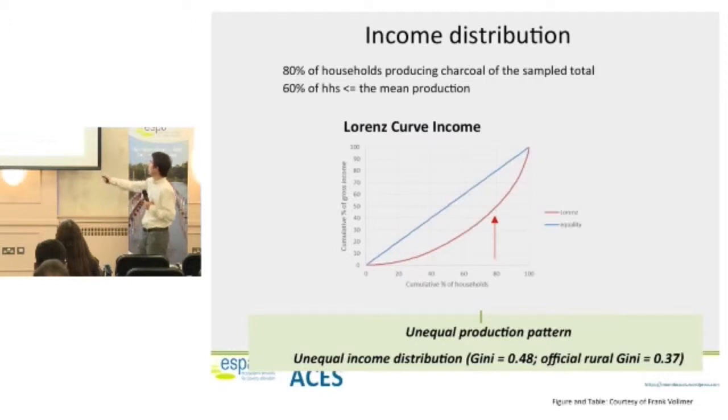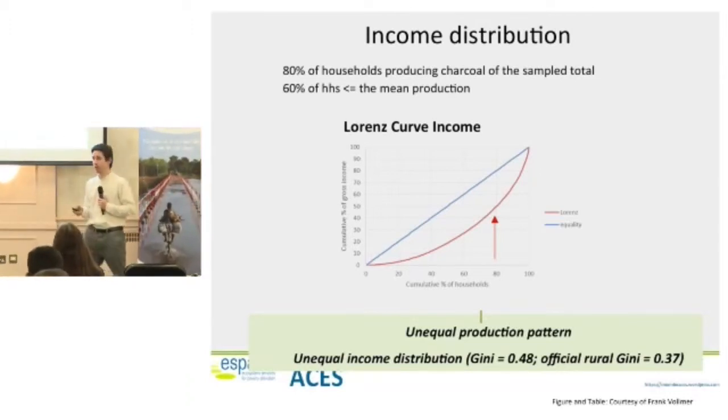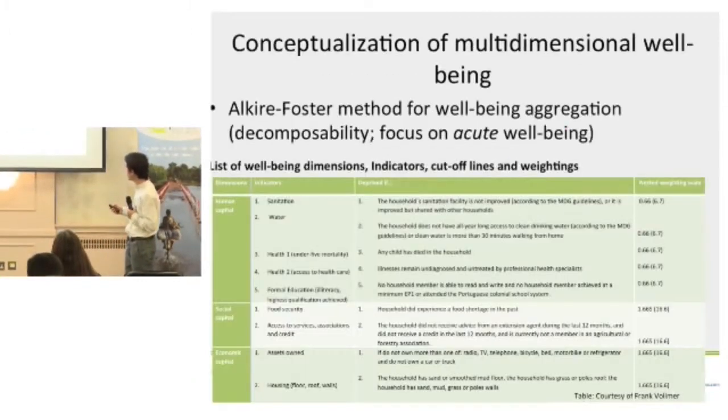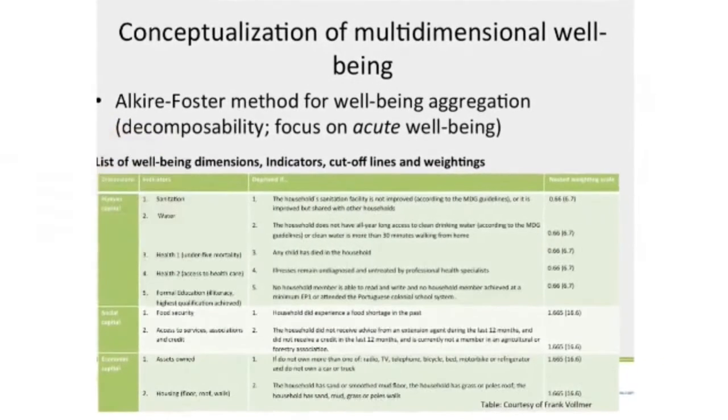Also, we have detected that the production of charcoal within the villagers is not equally distributed. There are a small number of villagers that produce a lot of charcoal, and a large number of villagers that produce little quantity. And we are trying to analyze the consequences of charcoal production for the well-being of the villagers.